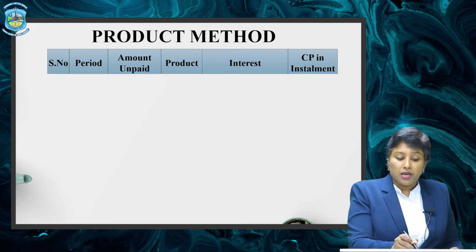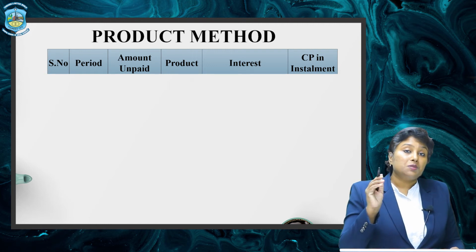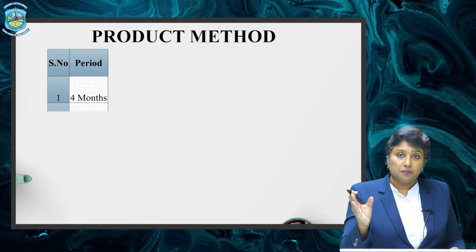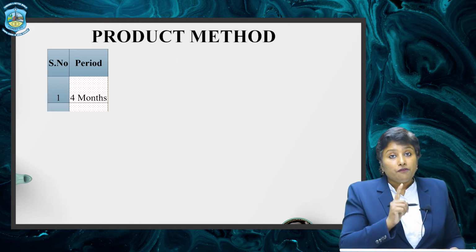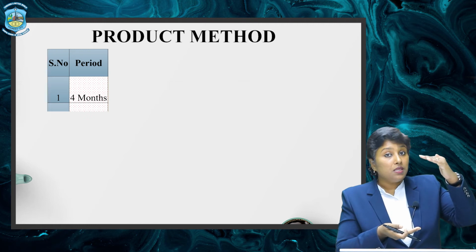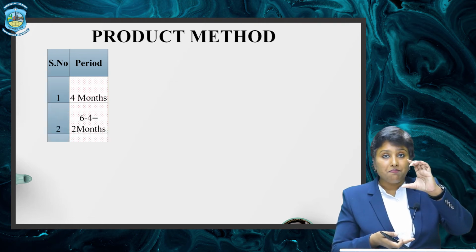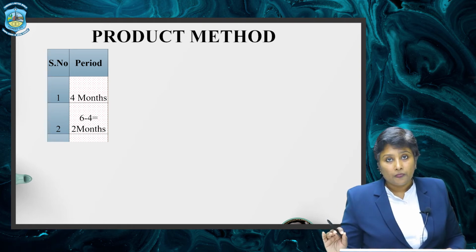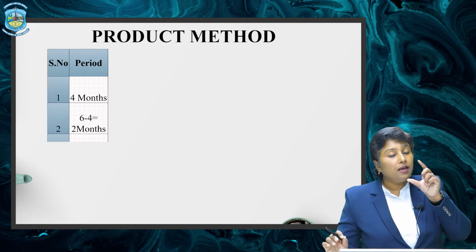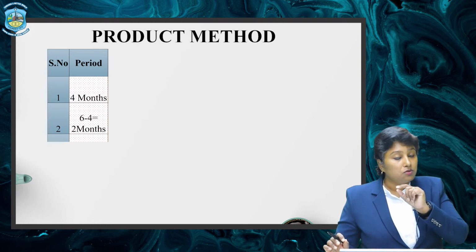So like in this one, the first installment has been paid after 4 months. So the outstanding months in hand were 4 months for the first installment. For the second installment, the difference between the first and the second installment, that time period has to be taken as 6 minus 4, which is 2 months. Okay. For 2 months, the amount of the second installment remained outstanding.